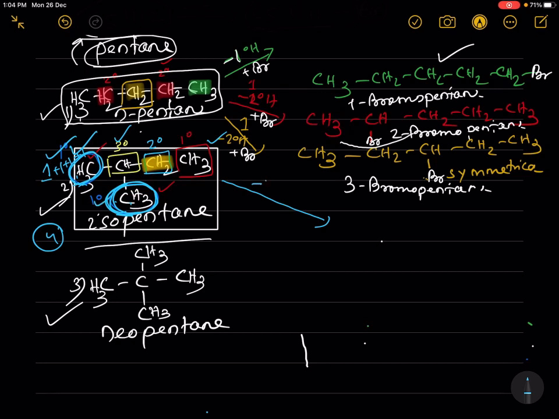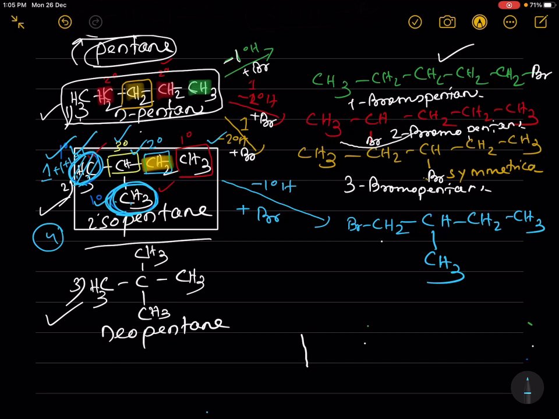Just remove a primary hydrogen atom and substitute a bromine atom, then you will be getting CH2Br. Means I have removed a hydrogen atom from this carbon and bromine is there, this yellow color, CH at the bottom, CH3, then CH2, CH3.